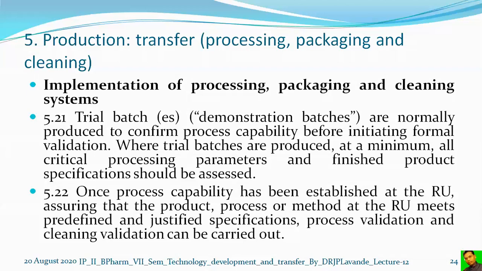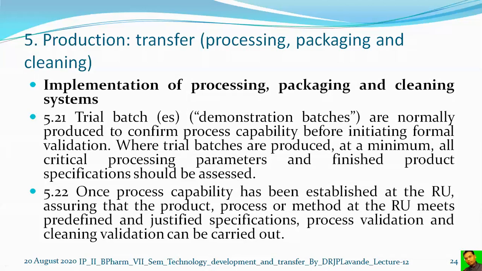All critical processing parameters and finished product specifications should be assessed. There is a need to produce the trial batches, and that too in a minimum number, and at that minimum number they should meet all the finished specifications, and that should be assessed and confirmed.